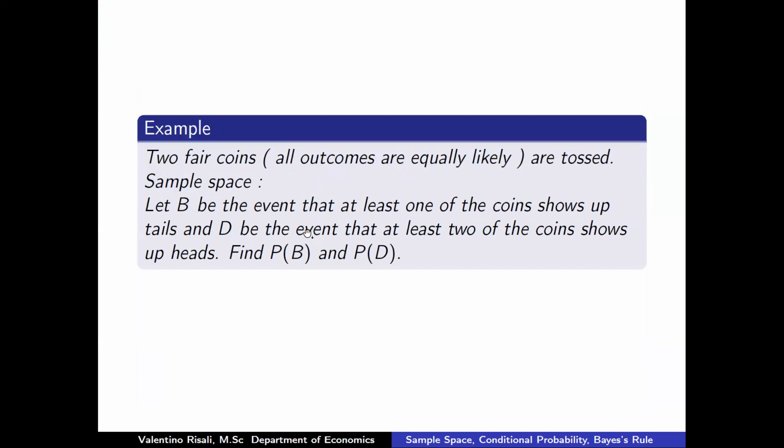We must find the probability of B and the probability of D. What are these values, P(B) and P(D)? P(B) is 0.5, sir. A half.